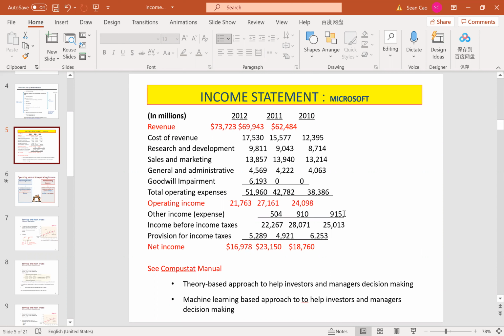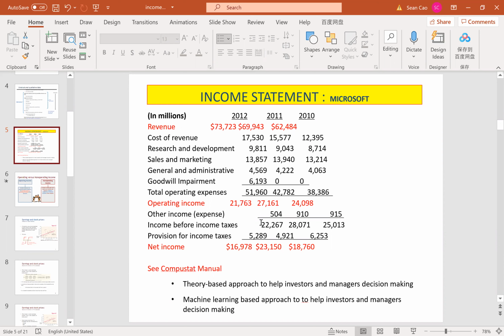There are two things I want to discuss on the income statement. The first thing is, when people look at the income statement, normally they look at the bottom line number. So here, 16,978. But the bottom line number comes from different things. It is actually a combination of the operating income and the other income.